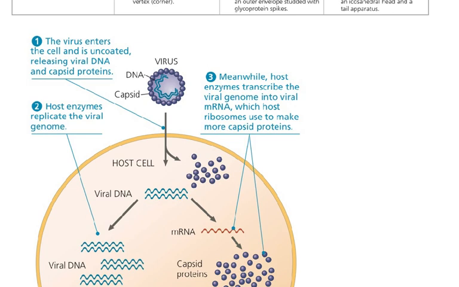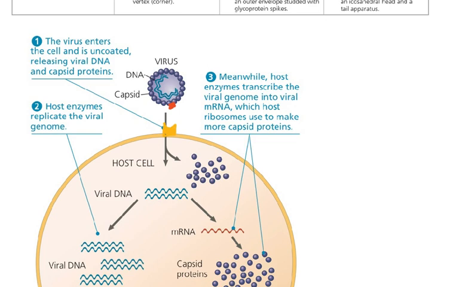So what they're going to do is, on their capsid, the virus is going to have some type of protein or glycoprotein. This protein has a specific shape or conformation, and the host cell has a specific receptor with a matching conformation.